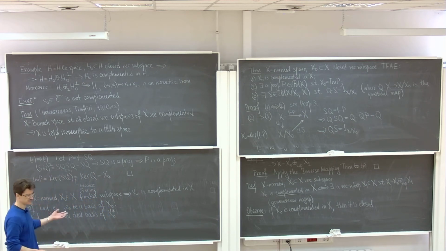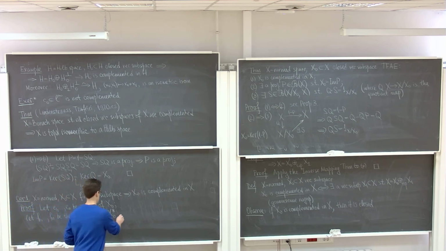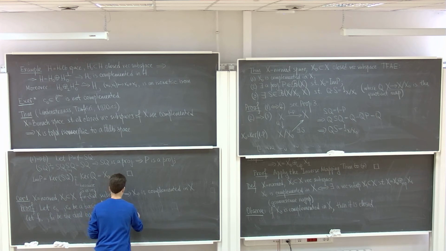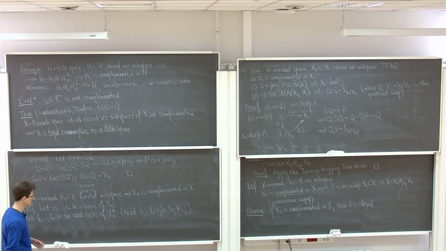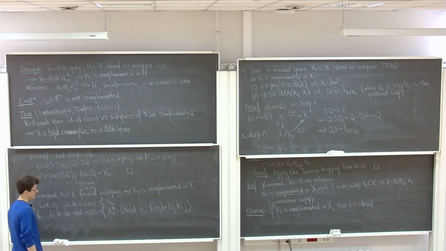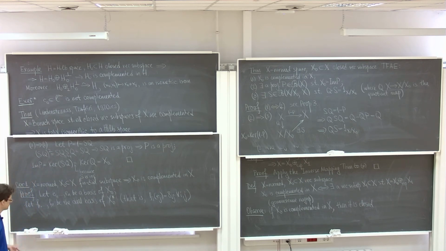So the dual basis means that if we apply Fi to Ej, we get the Kronecker delta. And then we use the Hahn-Banach theorem, and we extend the functionals F1 to Fn to the whole space X.